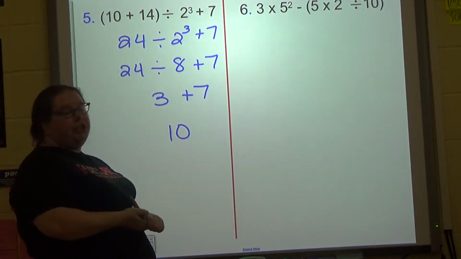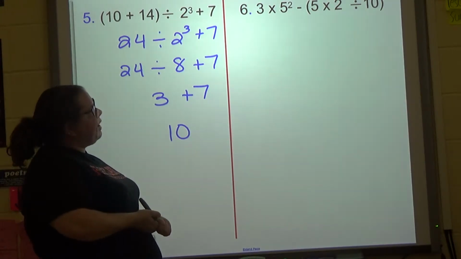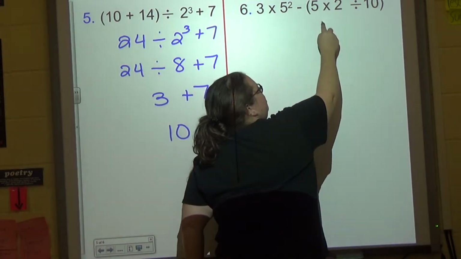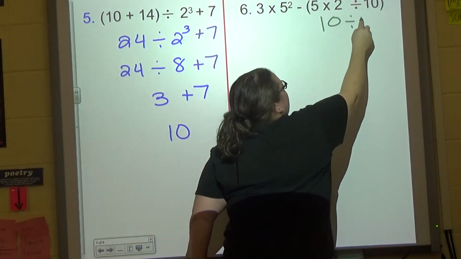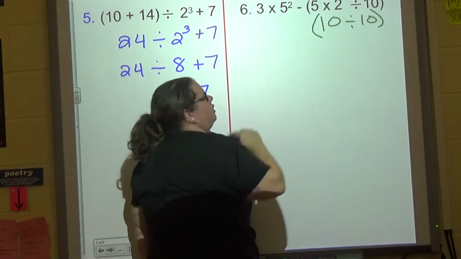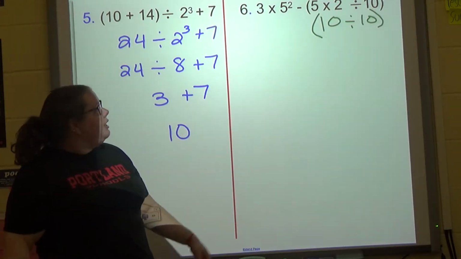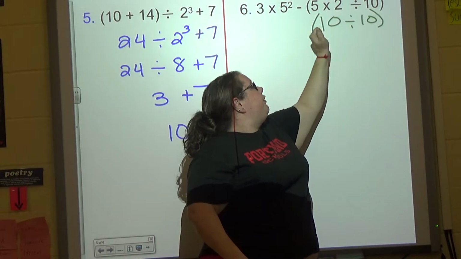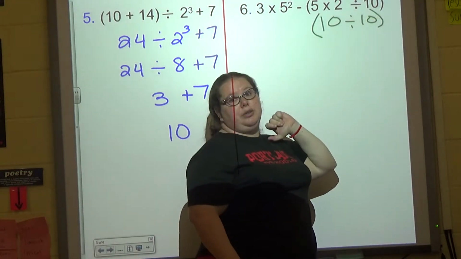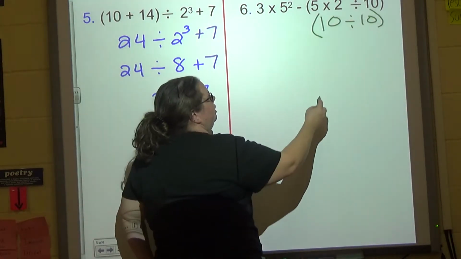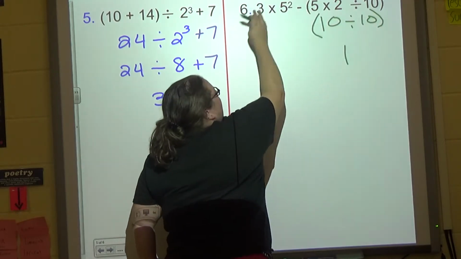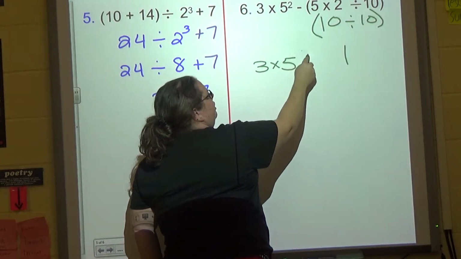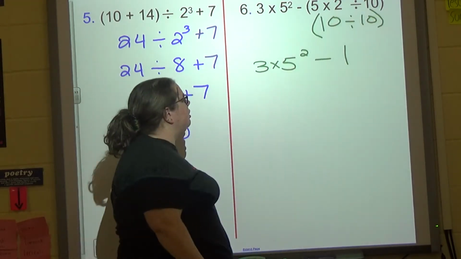Inside the parentheses first. So I see a 5 times 2. So 5 times 2 is 10, divided by 10. So we have to do that inside parentheses, and inside the parentheses we go left to right. So I did the first 2. Now I have to do the second 2, because it's just a 1. 10 divided by 10. So 1, and I'm going to bring everything else down. 3 times 5 squared minus.